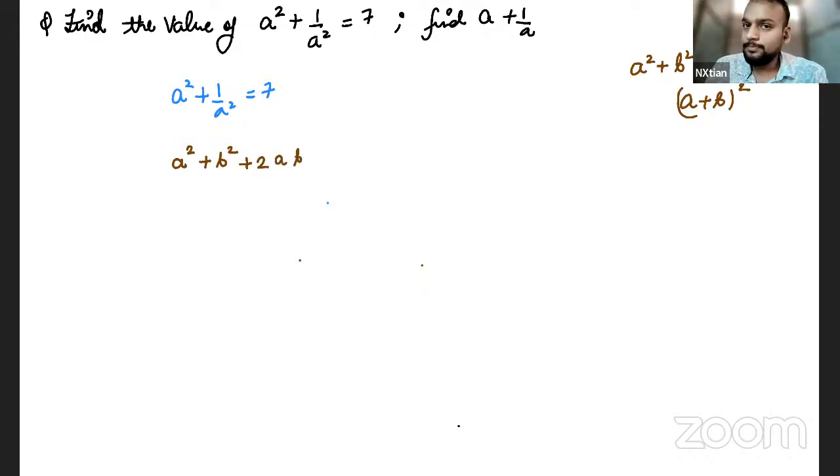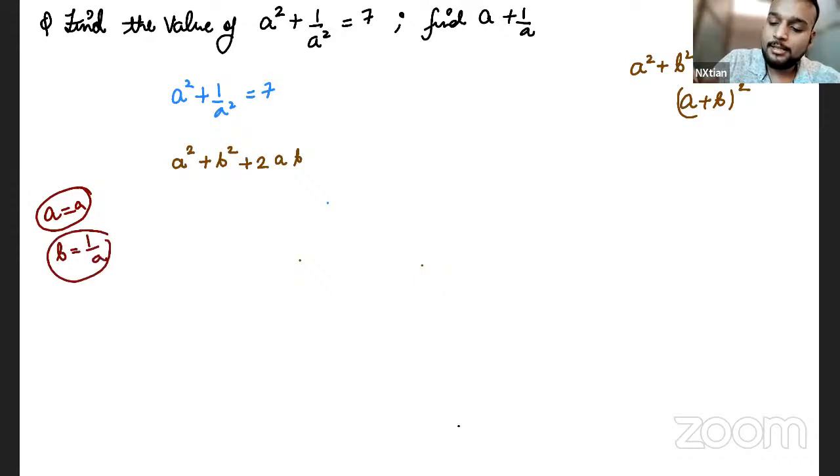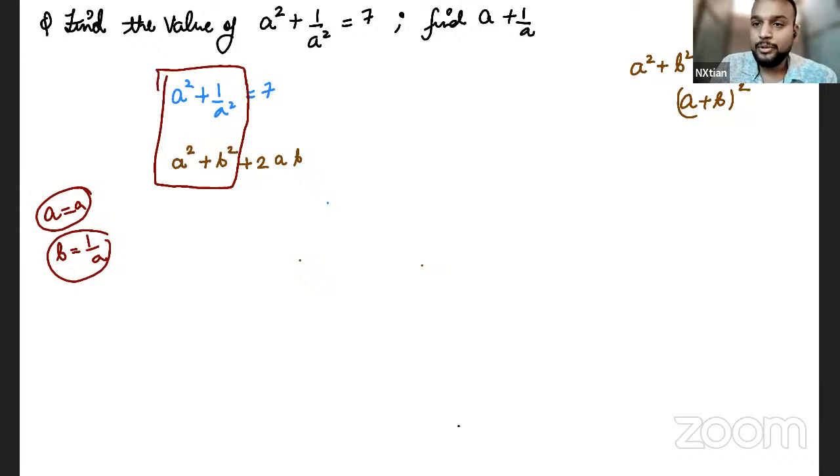Anybody has any doubt? No doubt? I'm repeating again. This I'm assuming as a square, this I'm assuming as b square. I need plus 2ab, where a is equal to a and b is equal to 1 by a, if I compare this and this. Understood guys? Johan, Anna.